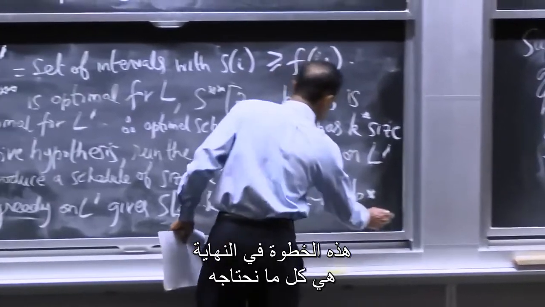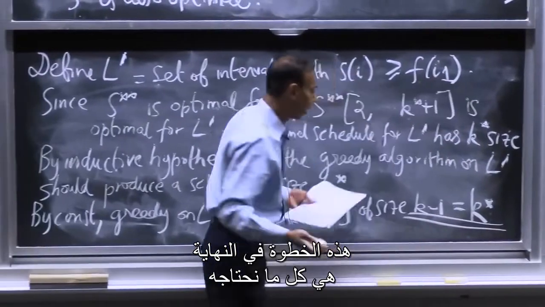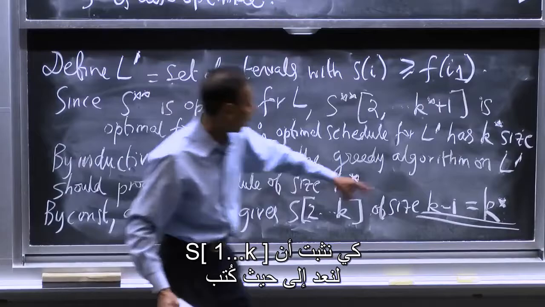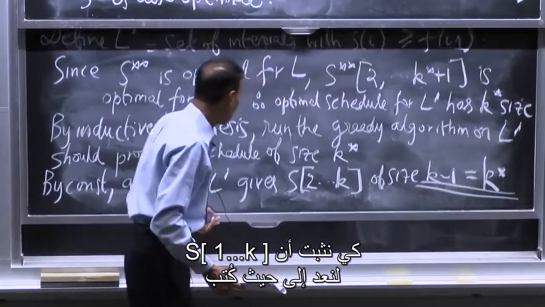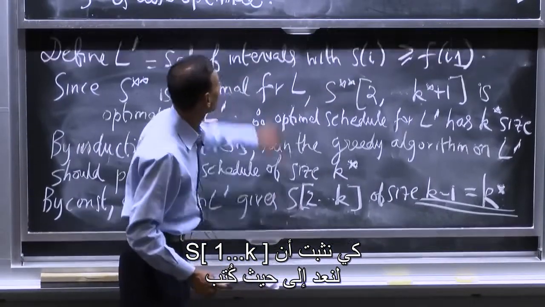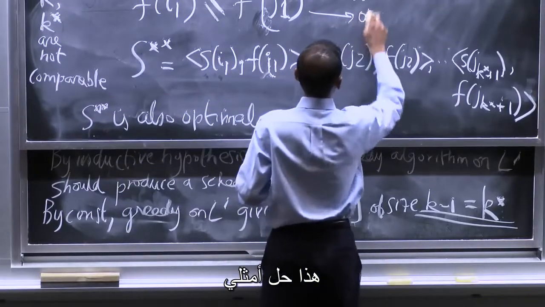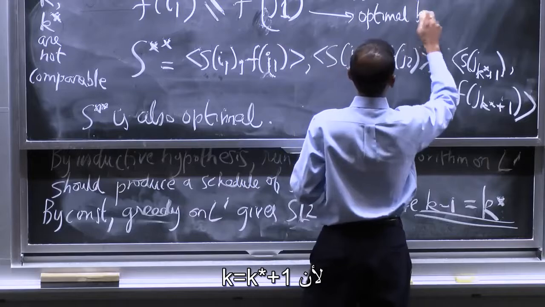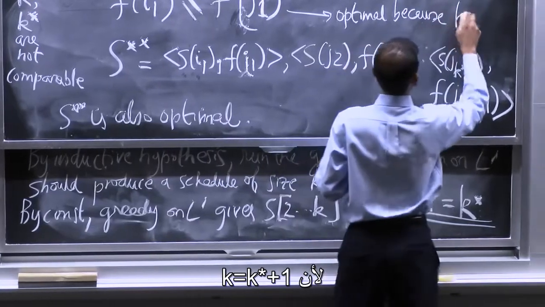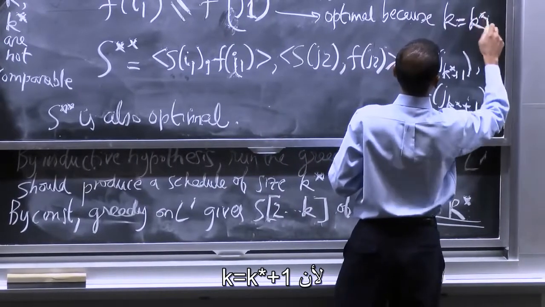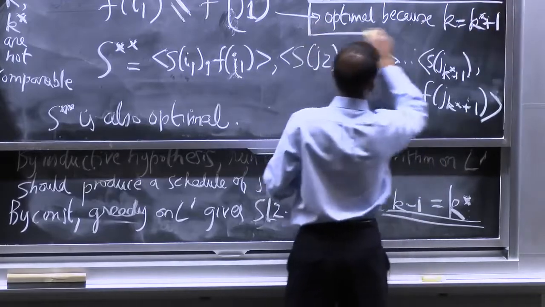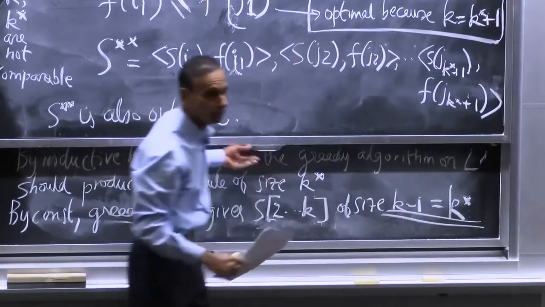So this last step here is all you need to argue now that S of 1k, going back up here, is optimal because k equals k star plus 1. There you go.